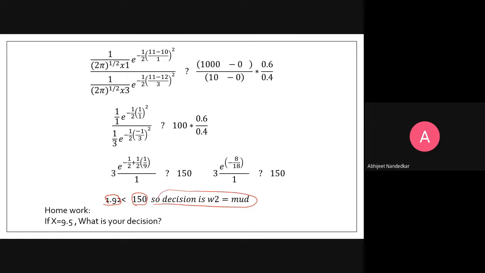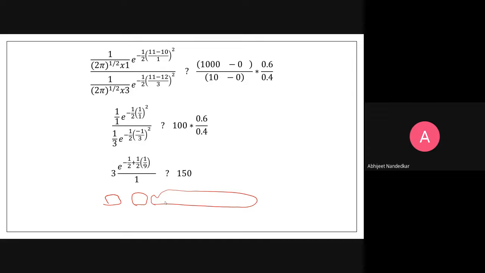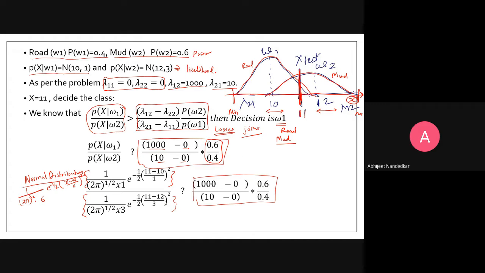Is this right? What we started with is that we want this ratio to be greater than this theta, but what we are obtaining is that the ratio is less than theta. Since the ratio is less than theta, our decision is omega 2. Otherwise it would have been omega 1.